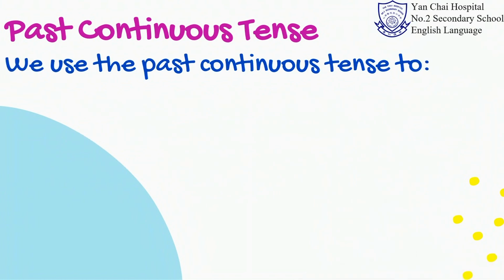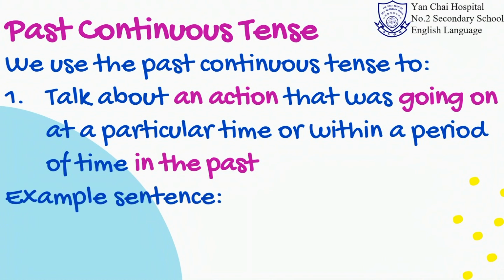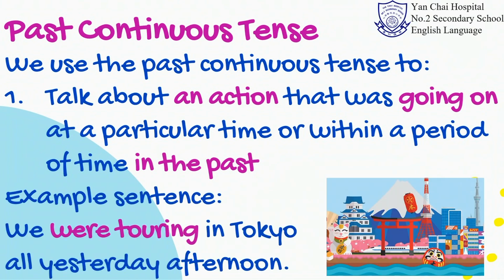We use the past continuous tense to talk about an action that was going on at a particular time or within a period of time in the past. Example sentence. We were touring in Tokyo all yesterday afternoon.